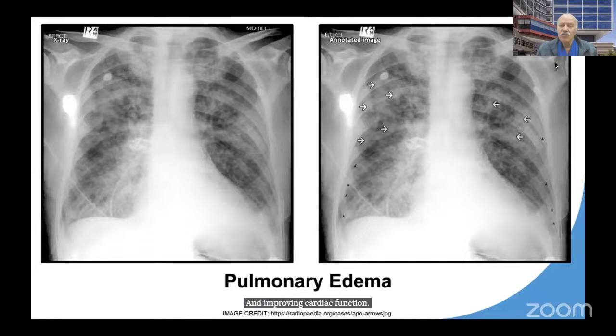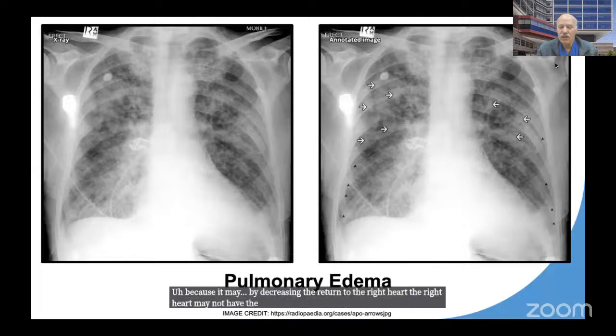In patients who have pulmonary hypertension, this can be very different because decreasing the return to the right heart may not leave adequate filling to be able to pump blood against the pulmonary pressure that occurs in pulmonary hypertension.